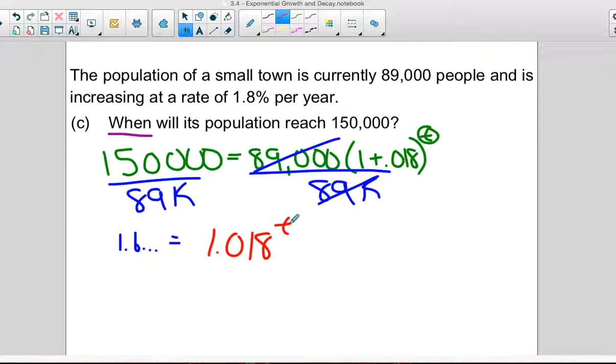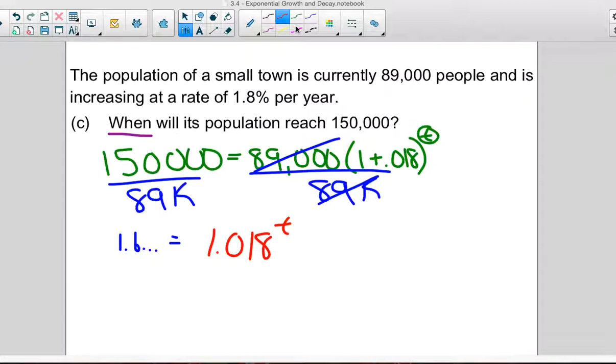to the t. Now the problem here is this floating exponent, right? How on earth can you get this exponent down so that it's on the same level as the other numbers? Because you can't really match the bases here like we did earlier in the unit. 1.68 dot dot dot is never going to equal 1.018 to a clean exponent. So if you remember from last year, this is where we're going to take into account logarithms.